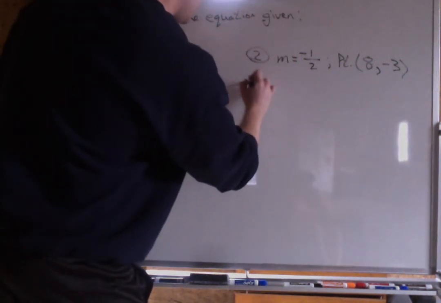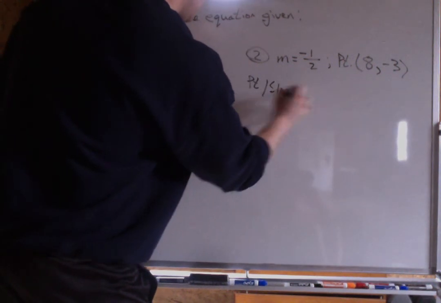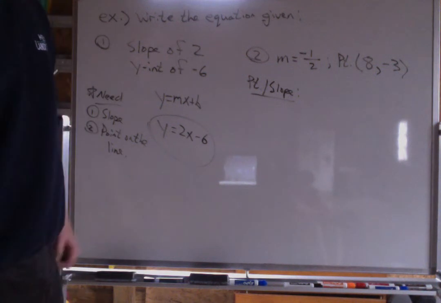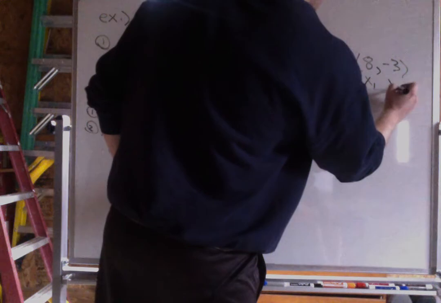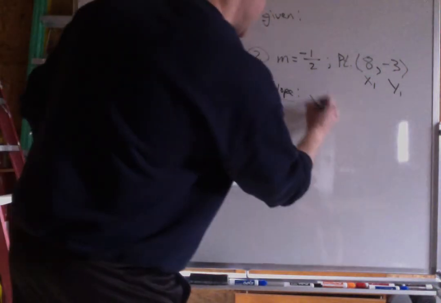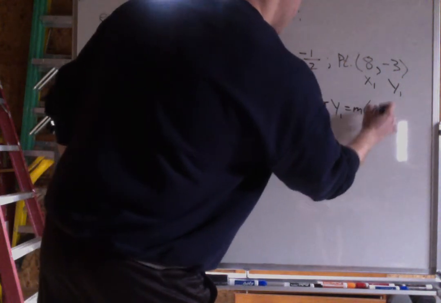We're going to start off with point-slope form because that is the information we're given here. I know the slope, and then I'm going to label this as my x1 and y1 coordinate of a known point. So I'm going to replace everything in point-slope form with that information.